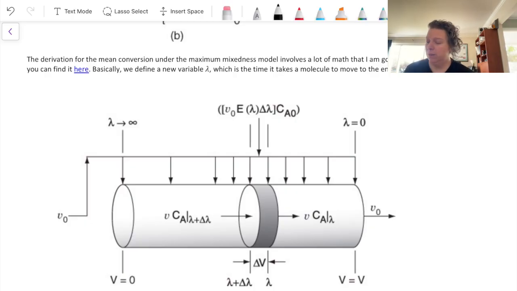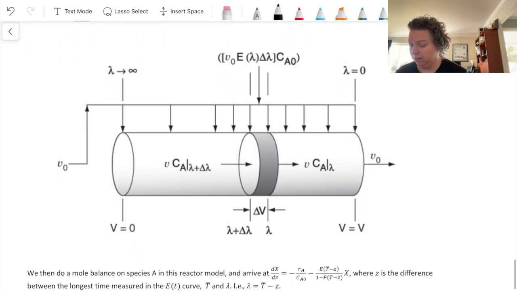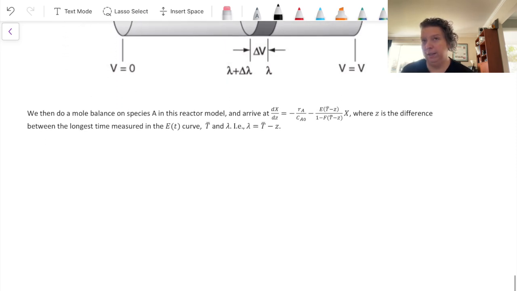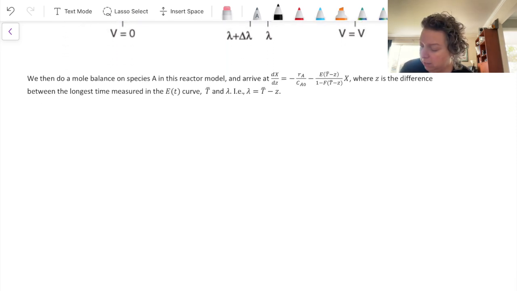Basically, along the course of doing this math, we define a new variable, lambda. Lambda is the time it takes a molecule to move to the end of the reactor. So consider where it enters the reactor and then how long it takes to exit. We then do a mole balance on some species A, for example, in the reactor, and we arrive at this expression, which we can use to get the mean conversion.